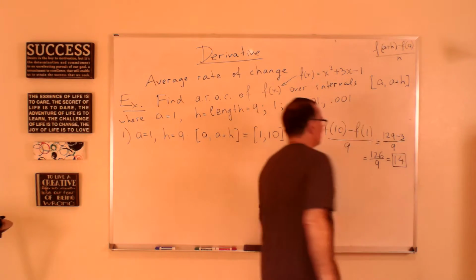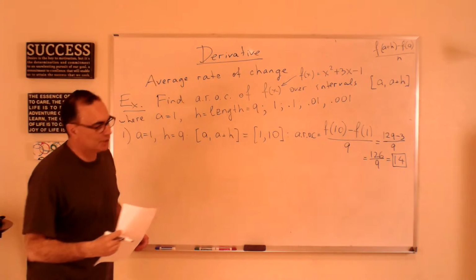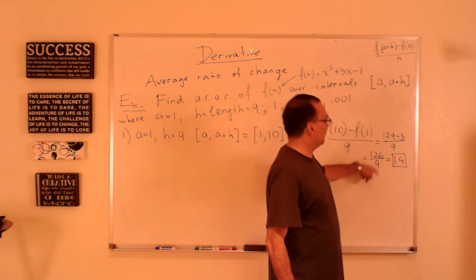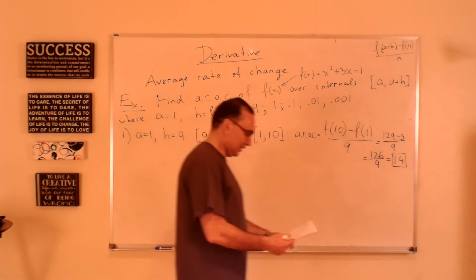So it happens to be an integer number 14. In fact, very often average rate of change is not an integer because it is calculated as a fraction, but if we are lucky, it will end up an integer number.